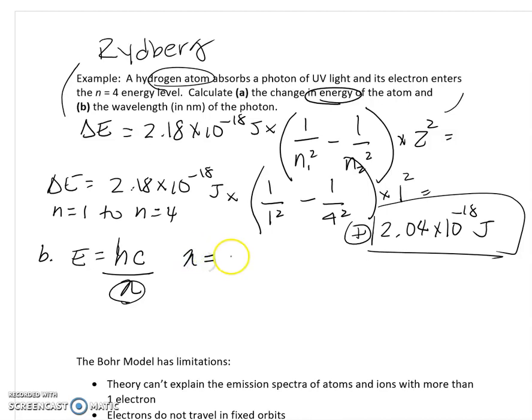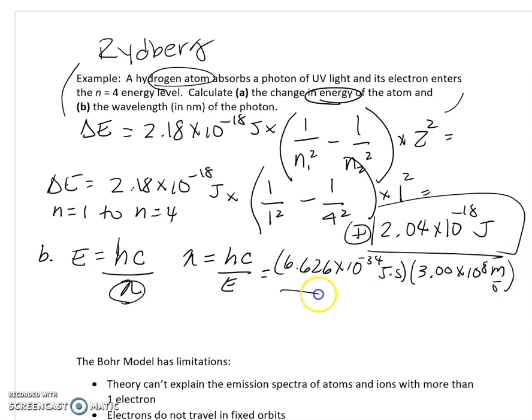So our lambda equals hc over our energy. Let's just plug it in. So 6.626 times 10 to the negative 34, that's Planck's constant. We know the speed of light is 3 times 10 to the 8 meters per second. And our energy we just calculated, that's 2.04 times 10 to the negative 18 joules.